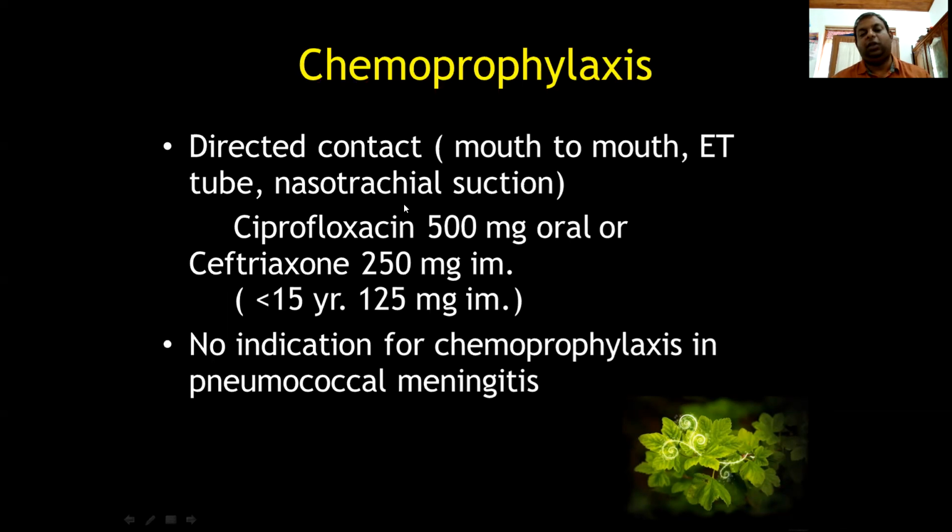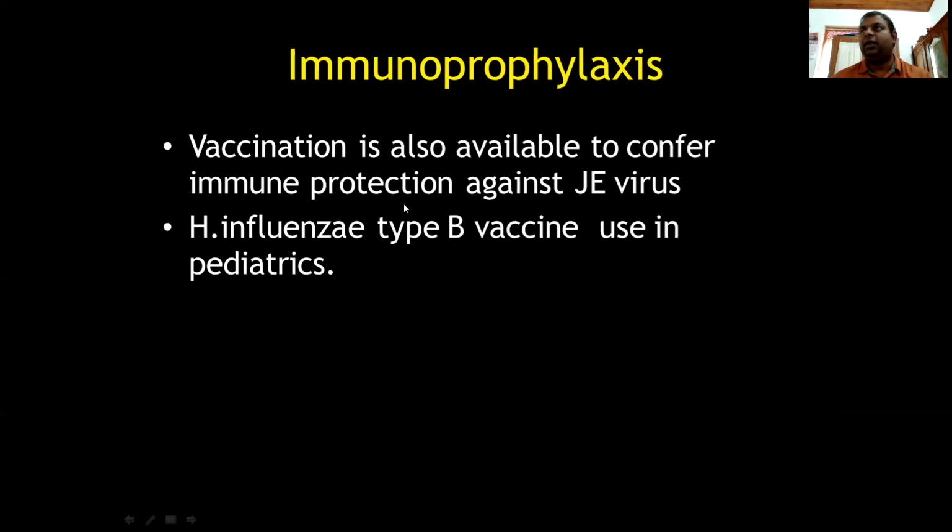Haemophilus meningitis: we can cure. Those with Haemophilus influenzae nasal colonization are suspected to be at risk of developing meningitis. Vaccination is now given, even MMR, JE and Hib. That is very much important.